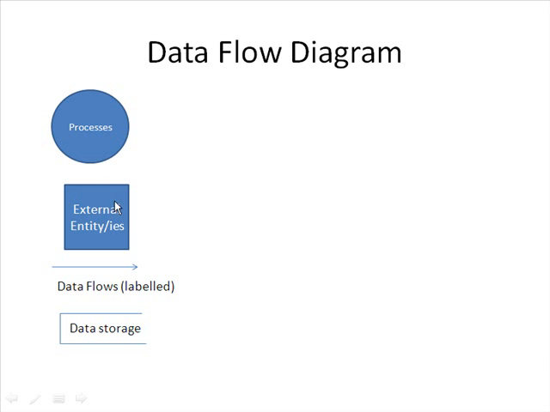The slight variation here is that the circle no longer becomes the whole system, but is representative of the processes that are involved in an action being taken out with the system. And I'll give you an example here in a moment. External entities are still represented by squares, data flow via the labeled arrows, and data storage via that right hand missing rectangle.